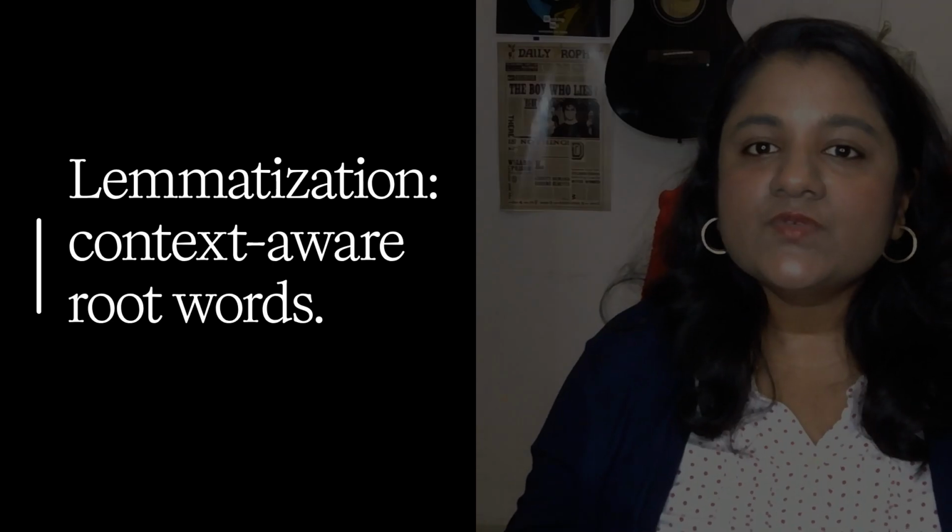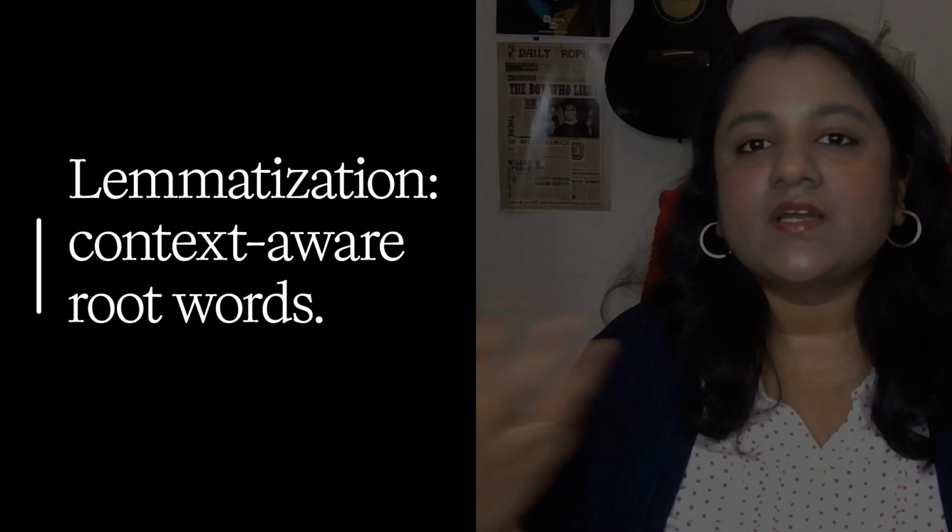It understands the usage and the meaning and returns the correct root form. These techniques help us clean text and make the tokens more meaningful for the machines to understand. In the next episode, we'll transform text into numbers using bag of words and TF-IDF, two key methods for feature extraction in NLP.